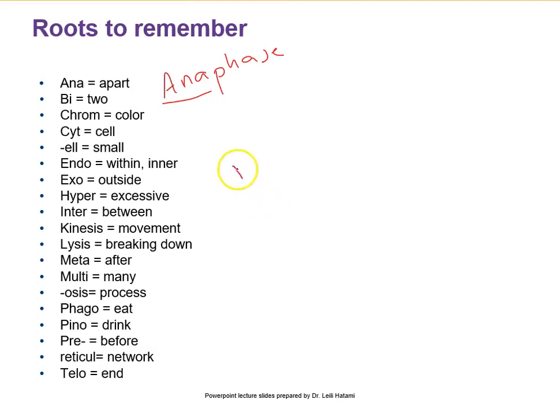Or we had the term bilayer, and we know bi means two, so bilayer means we have two layers. Or organelle, where elle means small, a little organ. Or when you know phago means eat and pino means drink, it's easy to remember phagocytosis, pinocytosis, and the other terms.